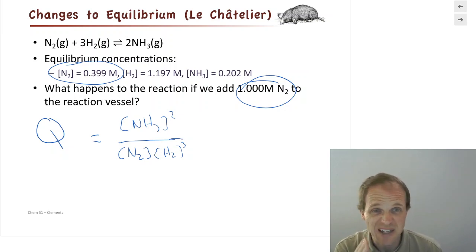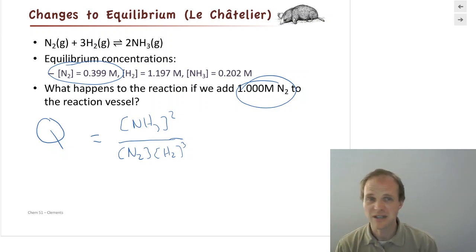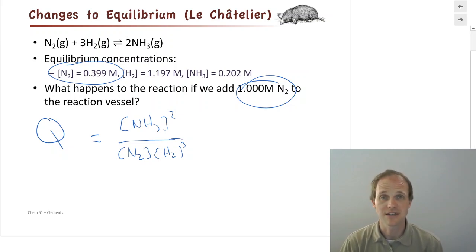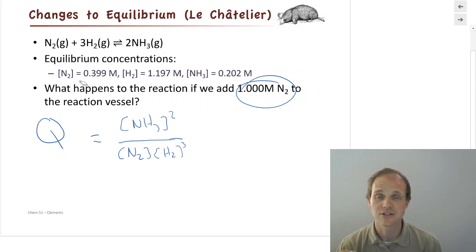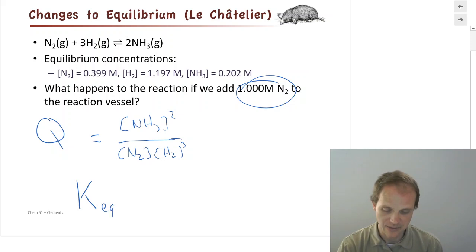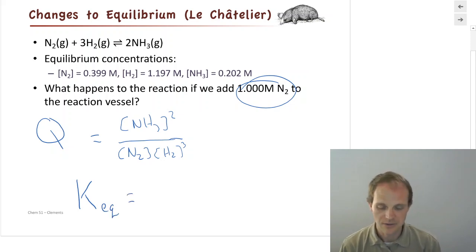But there's no K to compare to. What are we going to do? Well, do we have the information necessary to calculate K? Yes, we do. We have the equilibrium concentrations of all the species, so we can calculate K at equilibrium by plugging in all of those concentrations.